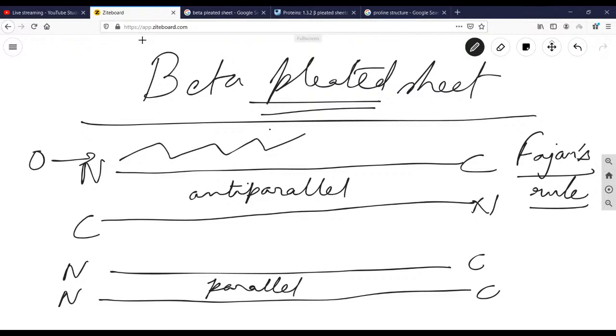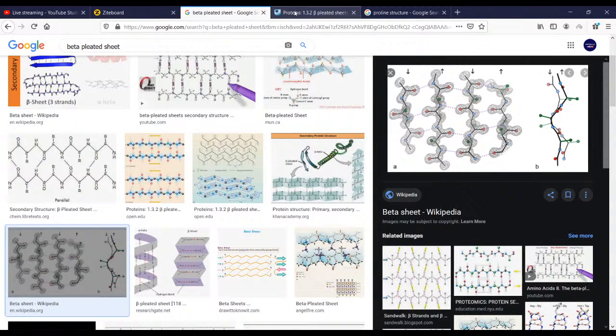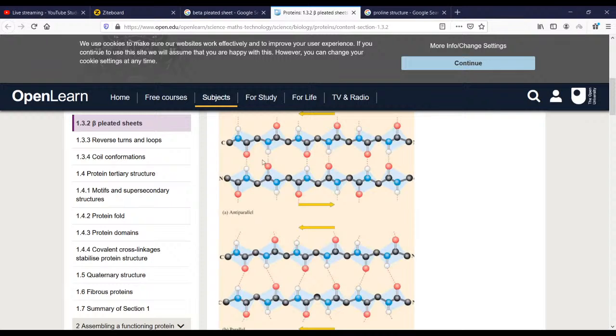In the last thing, just look at this structure, Gayatri, and tell me why a parallel beta sheet like this one, which has both C-termini in the same orientation and N-termini in the same, is more unstable compared to anti-parallel beta sheet. Just look at this diagram and tell me. Very easy.